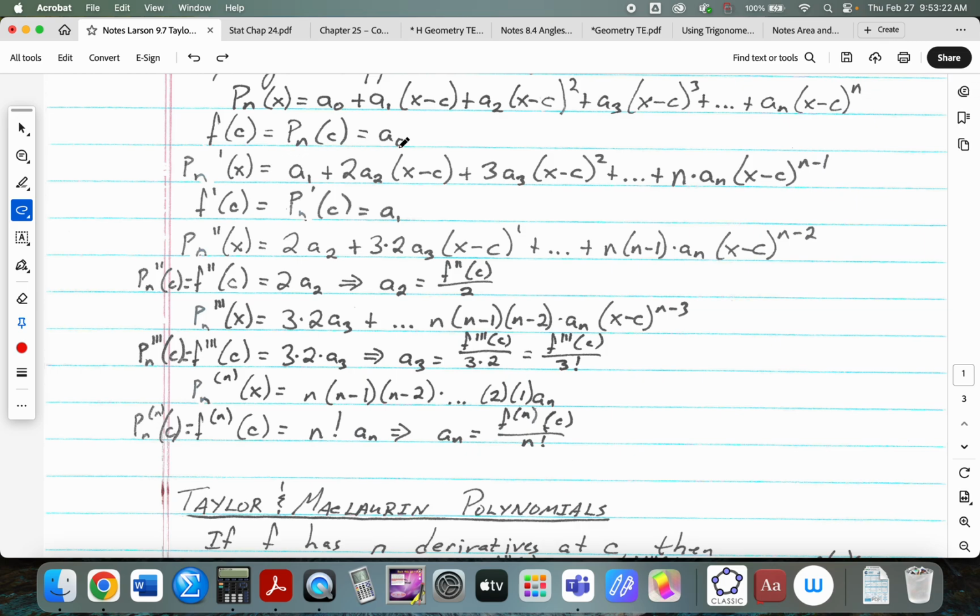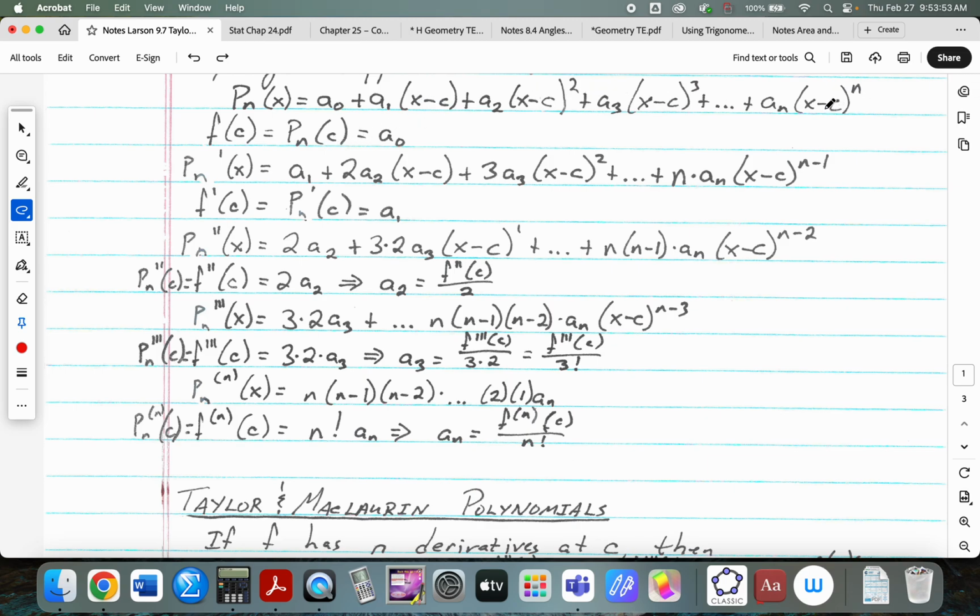So what we're going to do, first of all, we want our approximator to intersect the function at x equals c, right? So what we're going to require is that f of c be equal to p sub n at c. And notice at c, what's going to happen to all these terms? If x is equal to c, what's going to happen to all these?